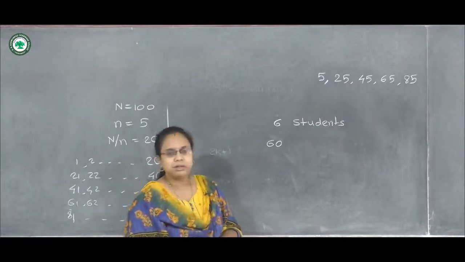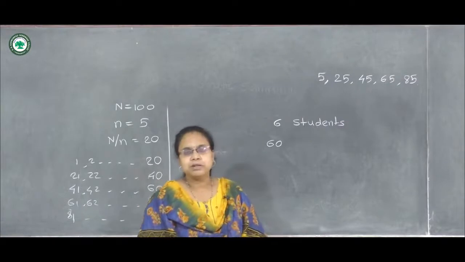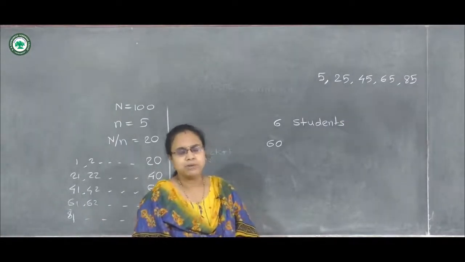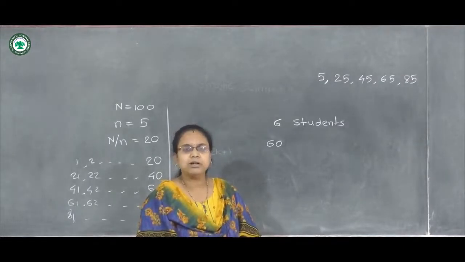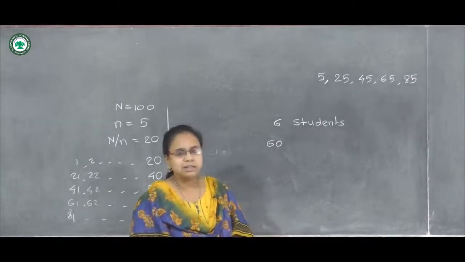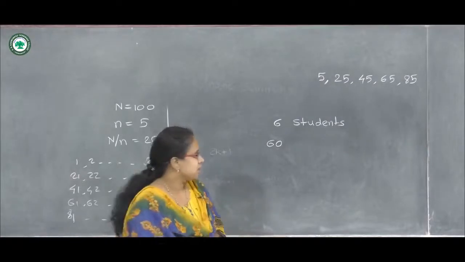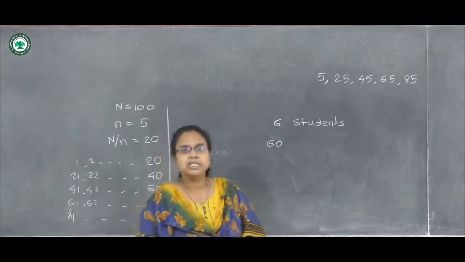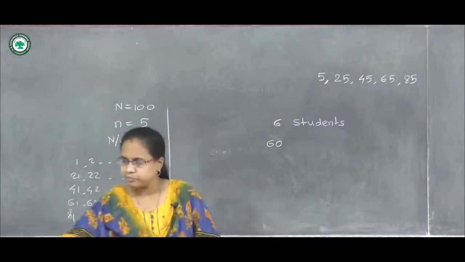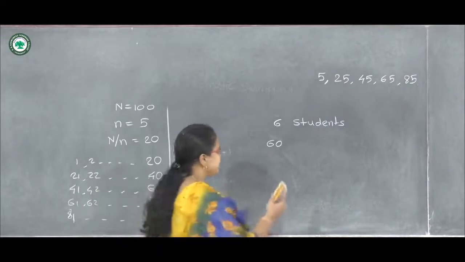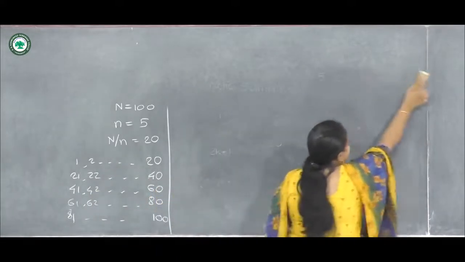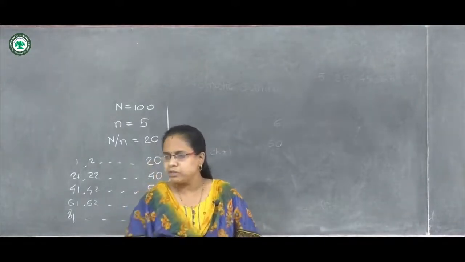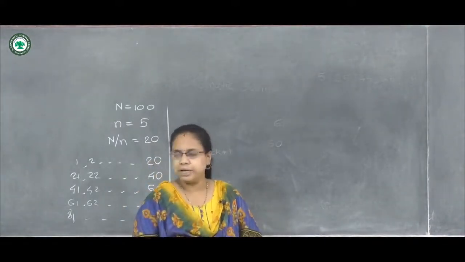The next example is if a shopkeeper wants to study the purchasing habits of customers and he has a bill book. He can select a number of customers from his bill book by using the systematic sampling method. Also farms can be selected by using the systematic sampling method. So these are some examples of systematic sampling.